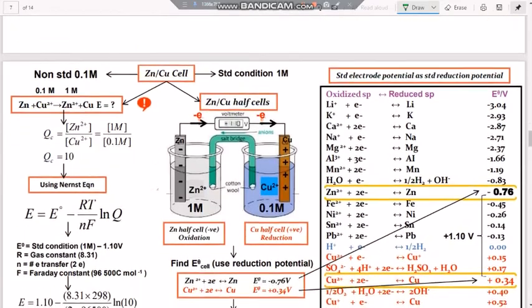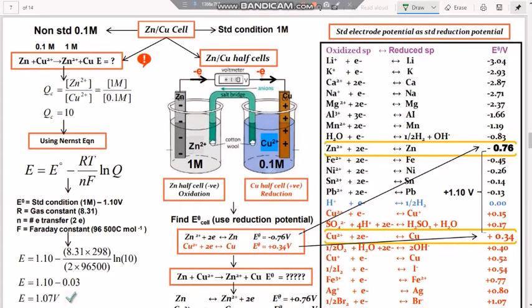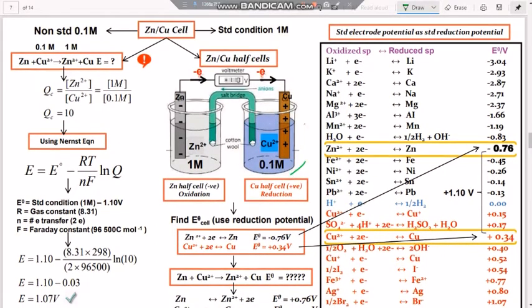Now we see the concentration changed, the copper ion concentration changed in this diagram. So then what will happen? The QC value we got is 10.